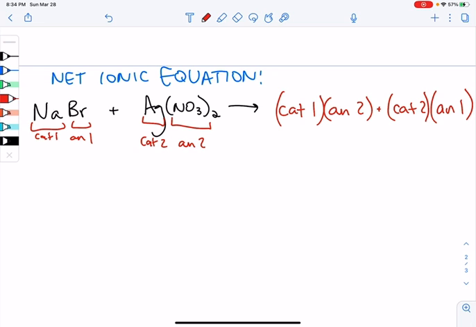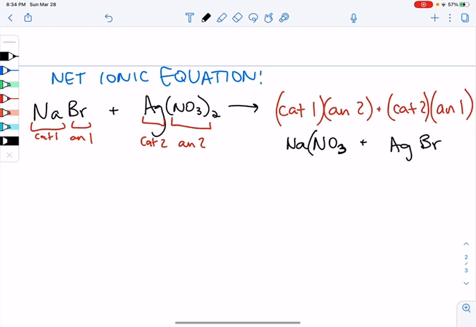Okay, and what does that look like? That means we have sodium with the nitrate, and we have the silver with the bromide. And notice how I'm not worried about any numbers, right? I don't care about this 2 here. It doesn't matter yet. Nothing matters, right? Now you're like, but wait, Mr. Hicks, you brought that 3 over for the nitrate.